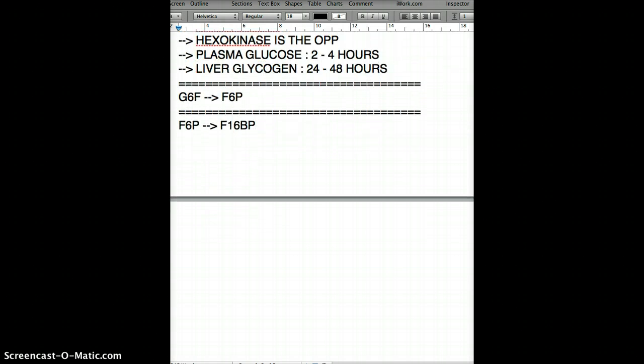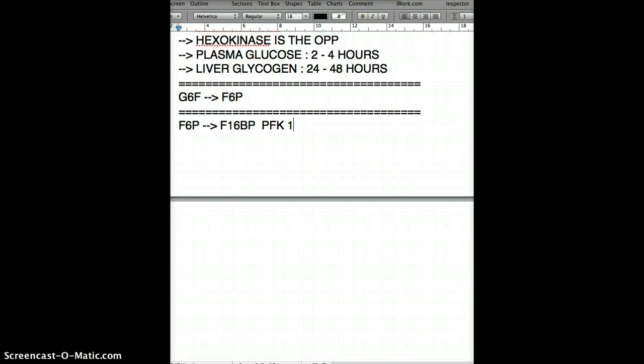So fructose 6-phosphate gives us fructose 1,6-bisphosphate, and the enzyme that it uses is called PFK1. Okay, phosphofructokinase 1. Now, this is the rate-limiting enzyme. Since it's the rate-limiting enzyme, it's the slowest step in the pathway. Okay, it's the slowest step in the pathway.